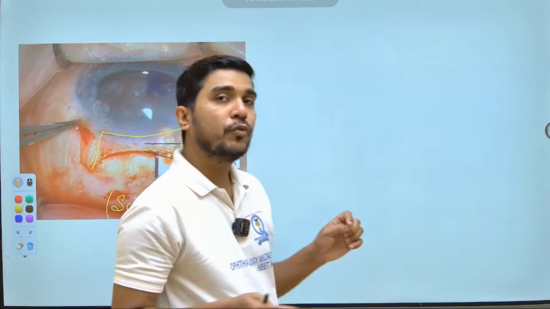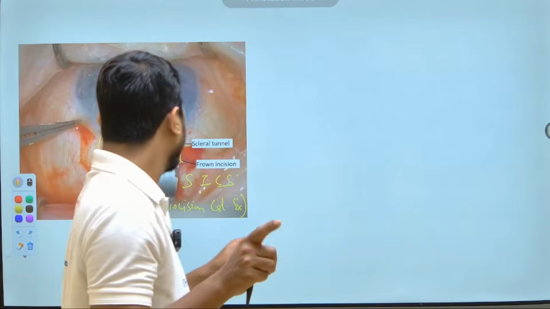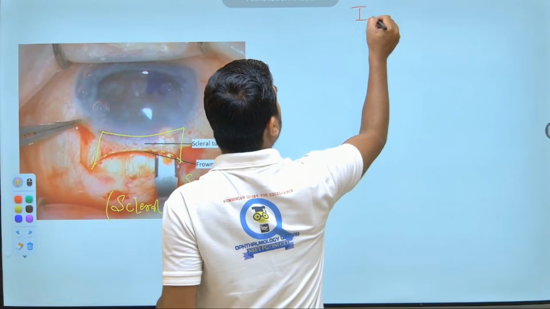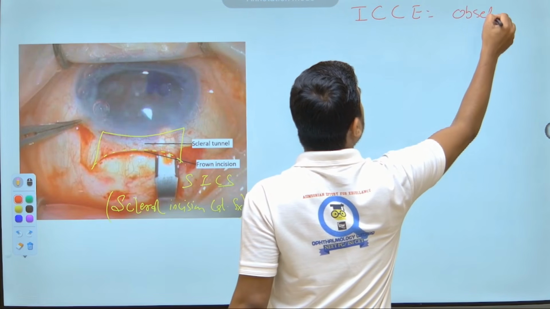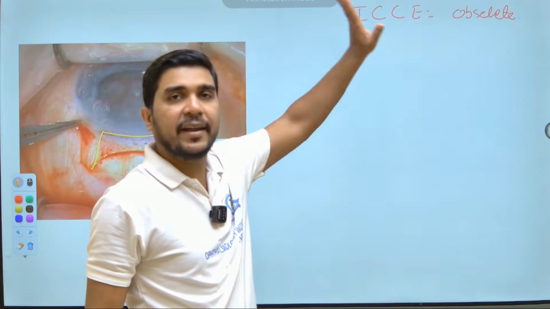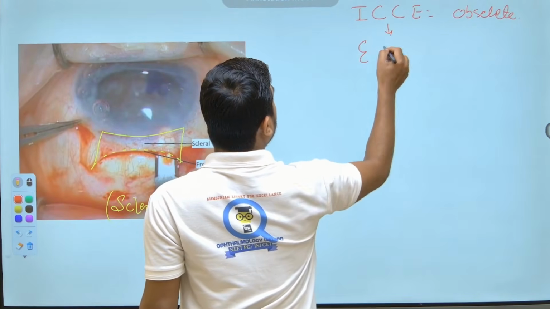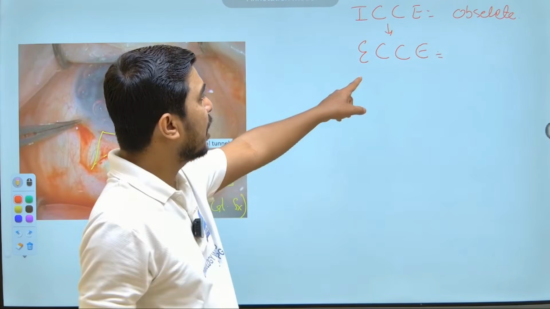Now, before I move to the other image, I must tell you the history of cataract surgery, because it is very important. The very first cataract surgery that came into action is ICCE, intracapsular cataract extraction. Now this is obsolete and not being used. Second came ECCE, extracapsular cataract extraction.